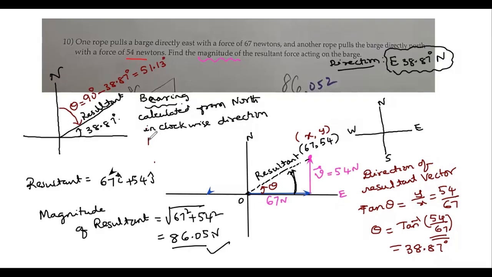So the resultant vector has a bearing of 51.13 degrees. There is no need to mention directions here because the bearing is always calculated in the clockwise direction from the north. Hope this concept is clear to you.